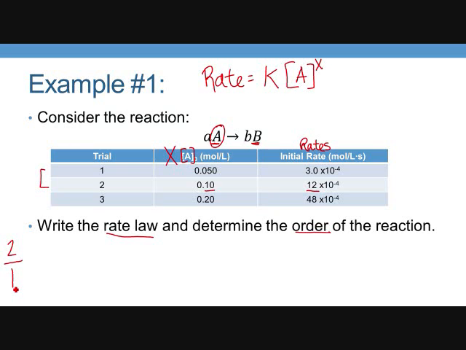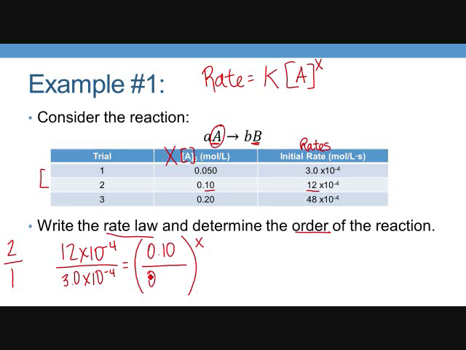Okay, so we have rate over rate, so 12 times 10 to the negative 4 over 3.0 times 10 to the negative 4 equals, then inside the parentheses, we will put the concentrations, and it's 2 over 1 again, so it's going to be 0.10 over 0.05. Okay, and it's all raised to the x power, because that's what we're solving for. We're solving for that guy right there.